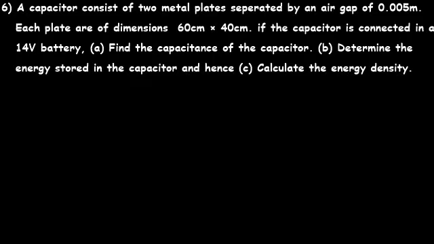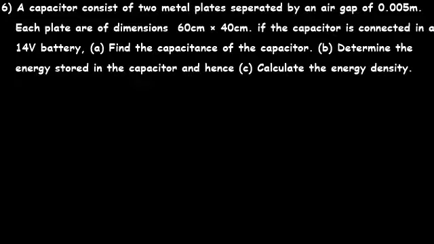A capacitor consists of 2 metal plates separated by an air gap of 0.005 meter. Each plate is of dimension 60 centimeter by 40 centimeter. When it comes to dimension, you don't read that as times or multiplication. You read it as by.